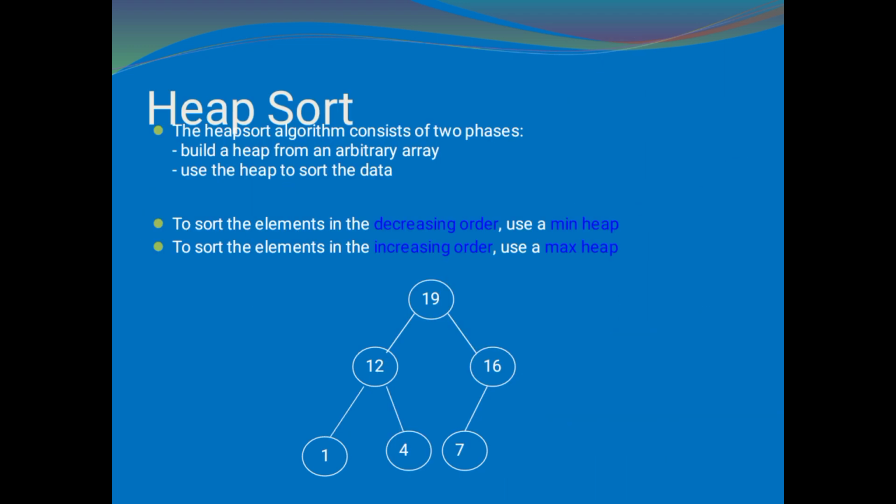After bringing the tree into a max heap, I perform the heap sort algorithm. My tree after heapify is 19, 12, 16, 1, 4 and 7.